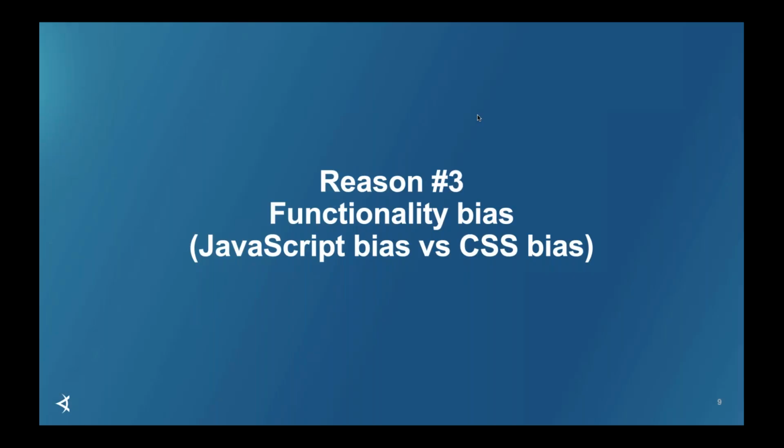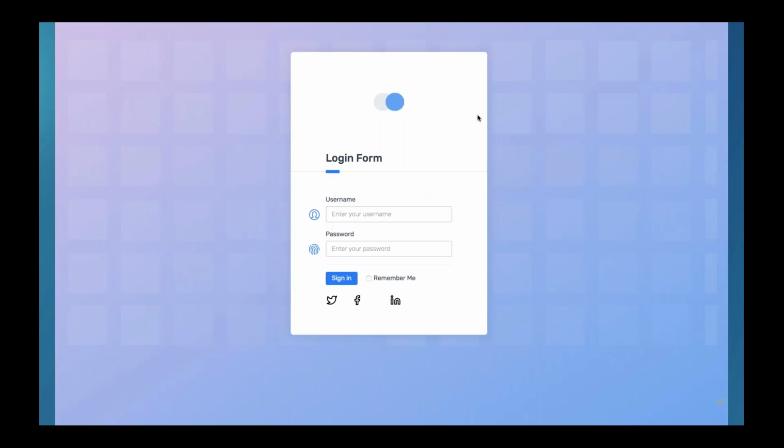And the problem number 3, the reason number 3, is what I call functionality bias, which is JavaScript bias versus CSS bias. Now if you take this login screen and ask a QA engineer to test this, they'll probably test if the username field exists, if the password field exists, if the form works properly, if the sign-in button works properly, and so on. But they'll generally ignore if this logo exists, if the background image exists, if the alignments are all proper, and so on.